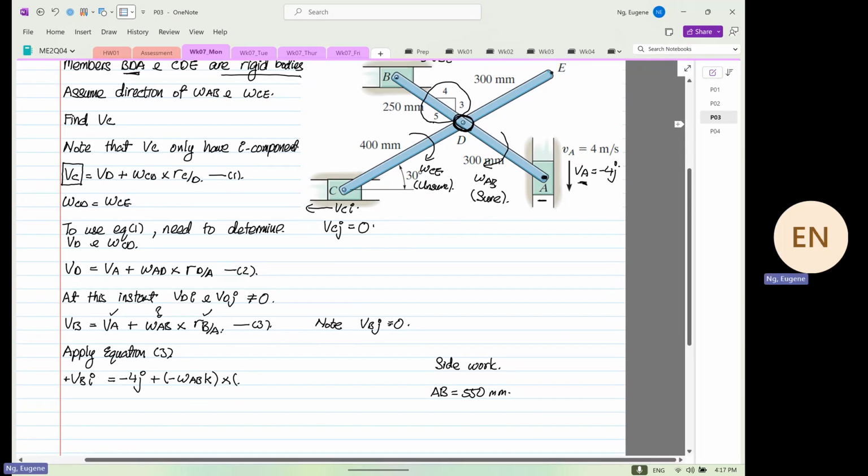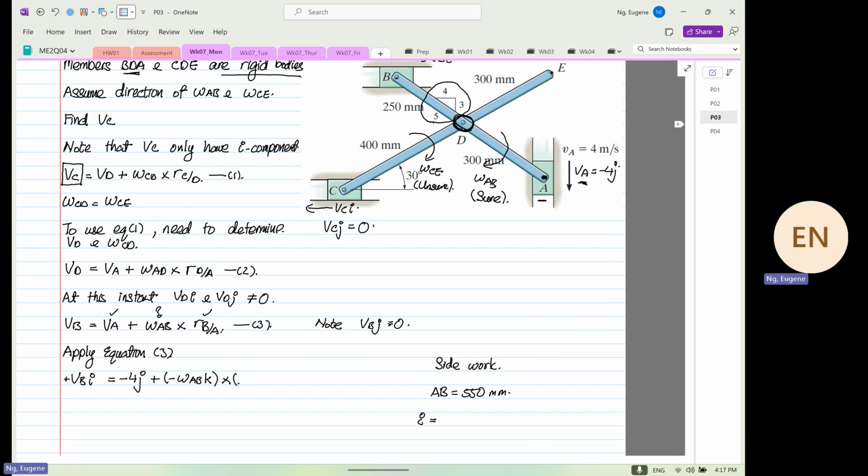So the I component is equal to 4 over 5 multiplied by 550. So 4 over 5, now we are looking at distance, is equal to 440 millimeters.